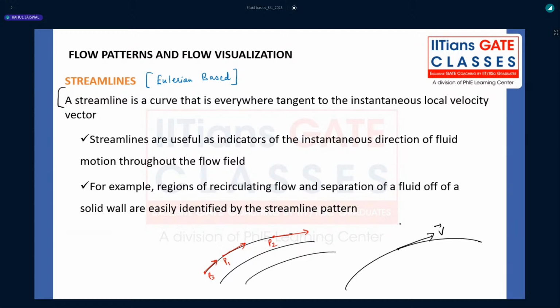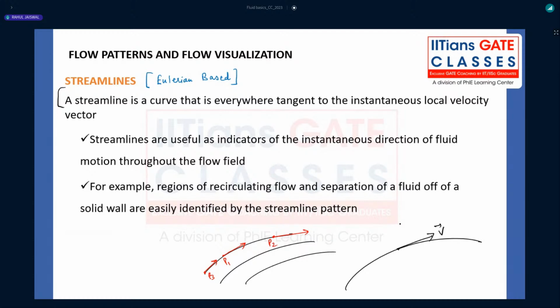Now you might be thinking, sir, what is the physical significance of this streamline? Is it a simple random imaginary curve, or does it have some physical significance? Yes, it is very significant in analyzing cases where the flow has separated from the device, or any recirculating flow, or whenever separation of the fluid flow from the solid wall occurs.